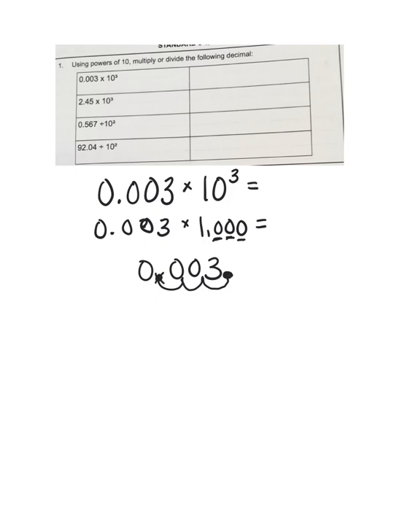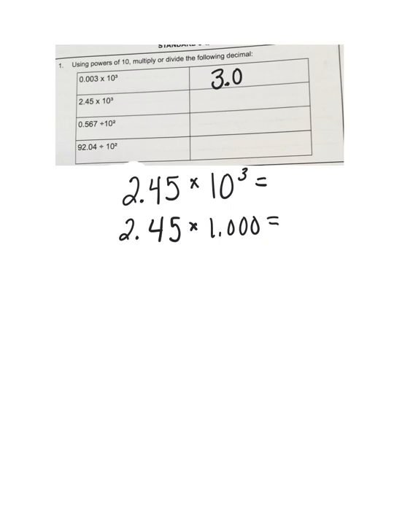The location of my decimal point is now here, showing my product as 3 wholes. So you can write your answer as 3, or you can put the decimal point in the 0. They have the same value.